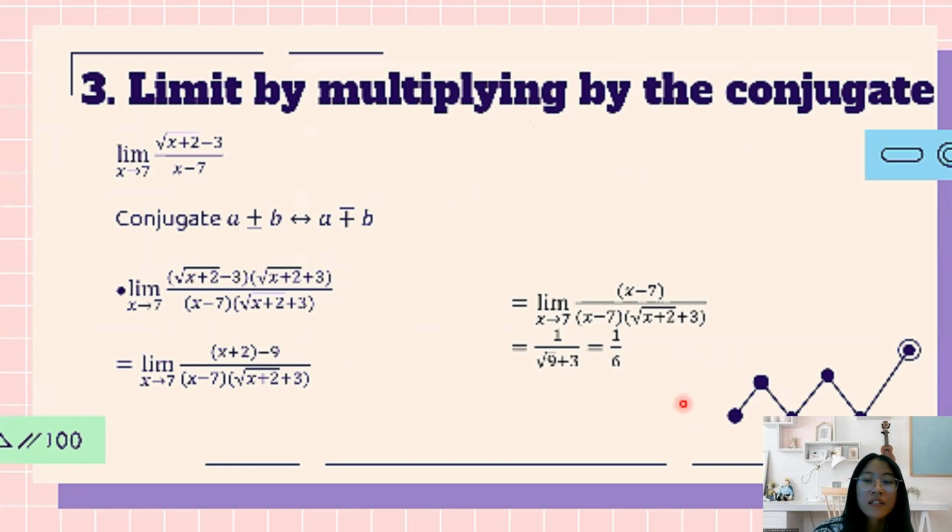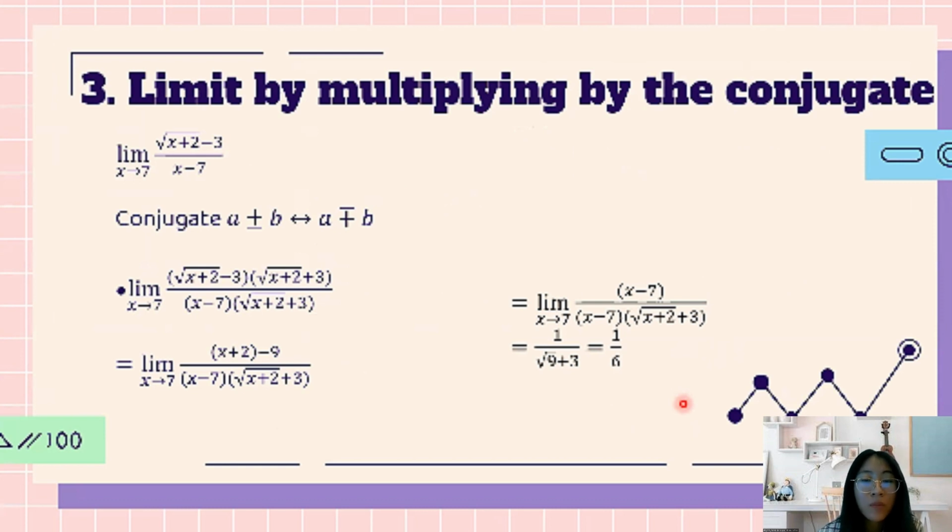Then what happens is that I have radical x plus 2 plus 3 left over in the denominator. I can cancel out the x minus 7 and x minus 7.